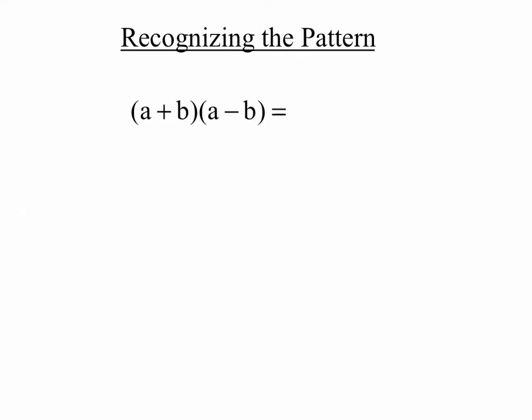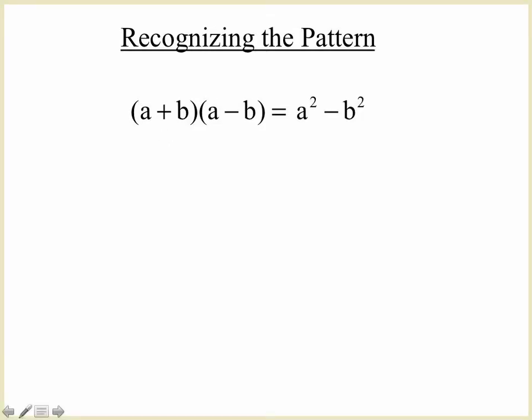So let's look at this. This is called a difference of squares. This happens when I have the same terms in both binomials, a and b. The only difference is my signs are different. So in this case, this is a sum and this is a difference.